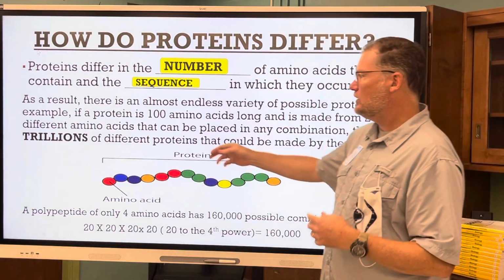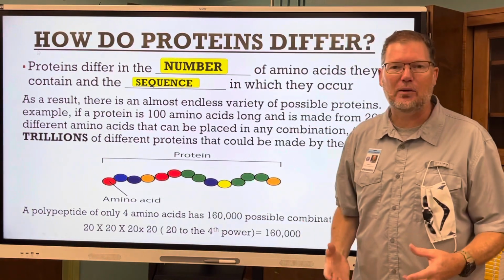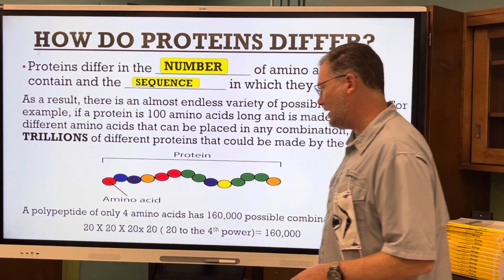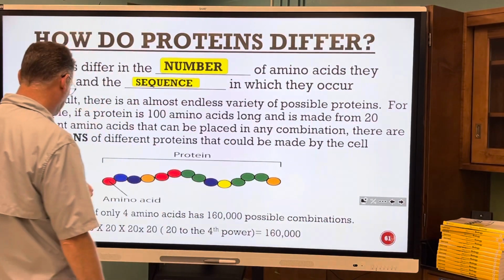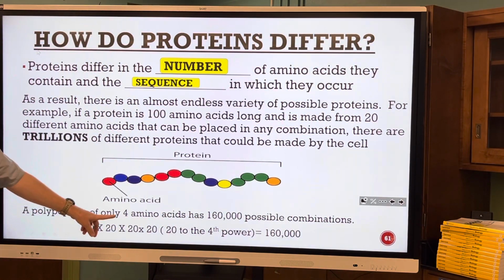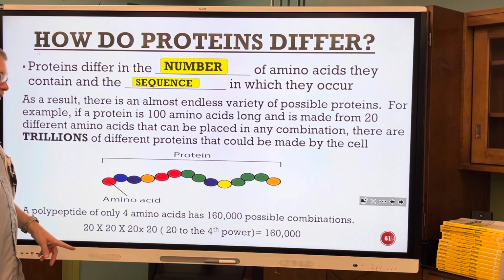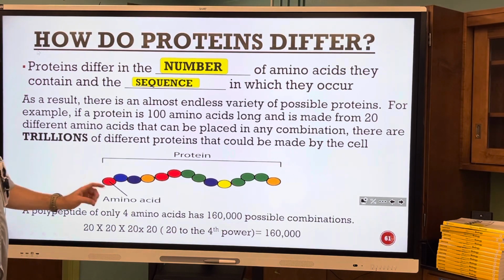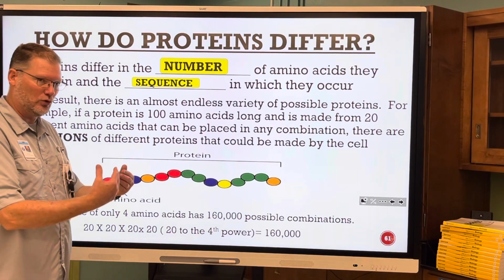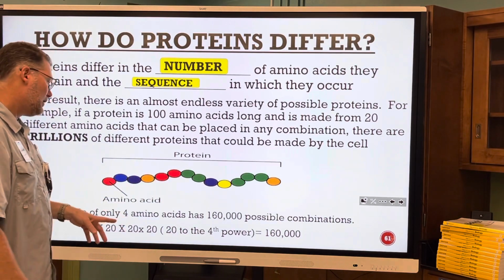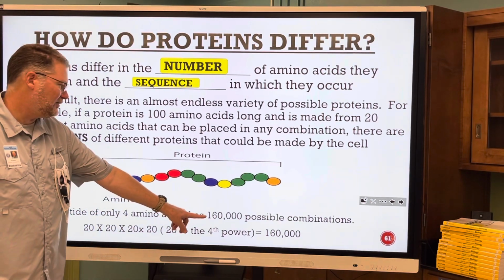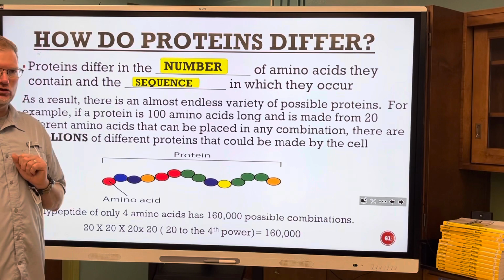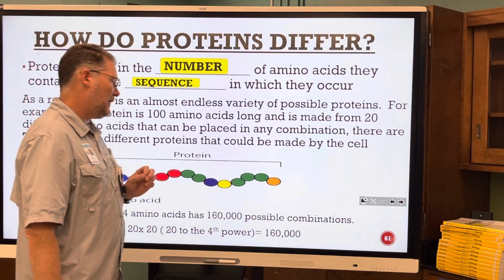So many that you could get trillions of different combinations. So here's one example down here. A polypeptide of only 4 amino acids has 160,000 possible combinations. So that's pretty amazing.